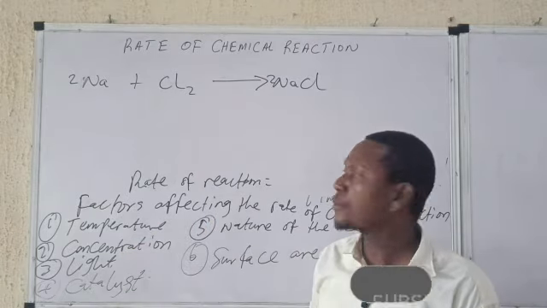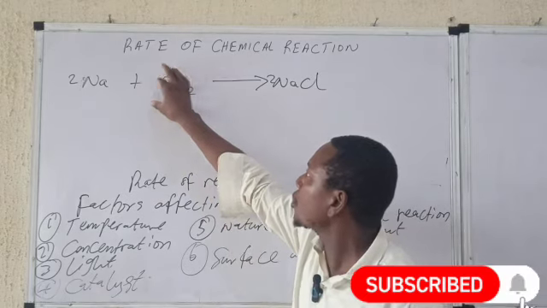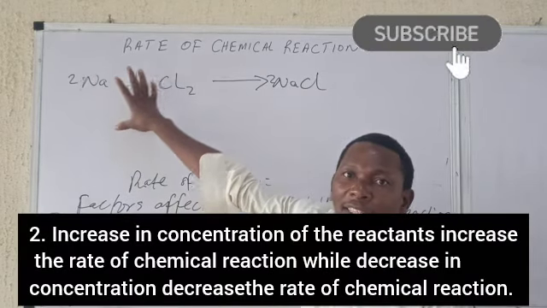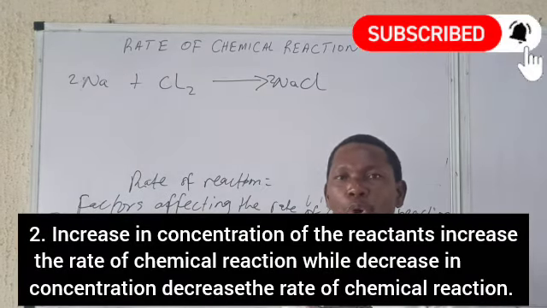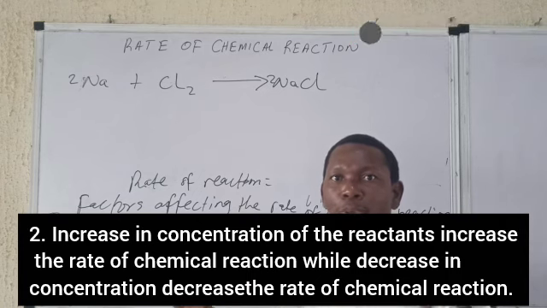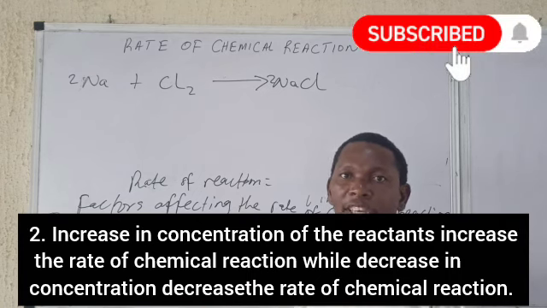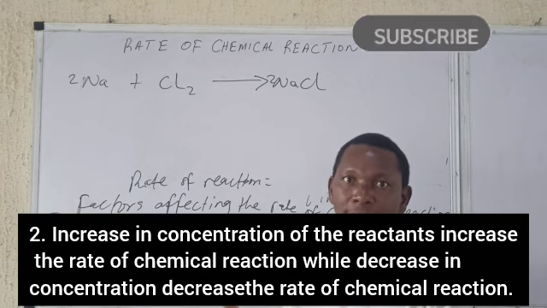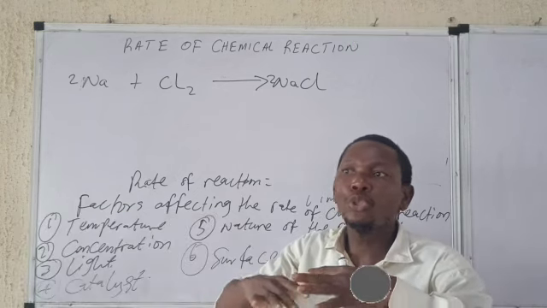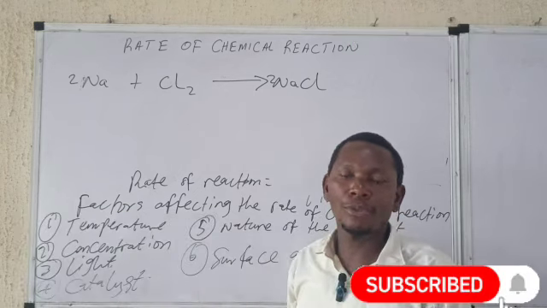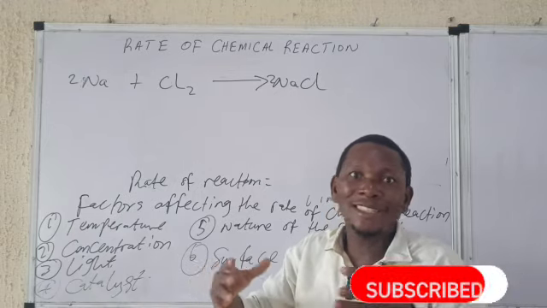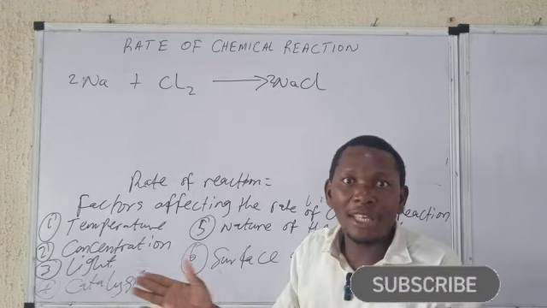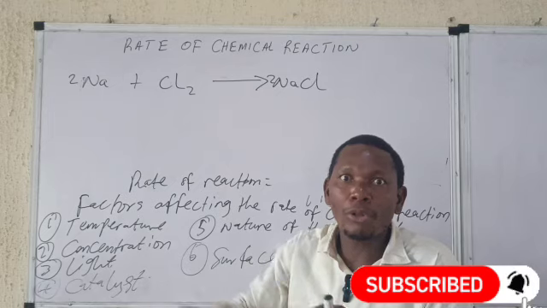Increase in concentration. If the concentration of these reactants is increased, that means there is more rowdiness in the system. They collide also faster because they move a little and collide. Imagine we have numerous balls in a particular room. There are so many, they will hit each other at any small distance.